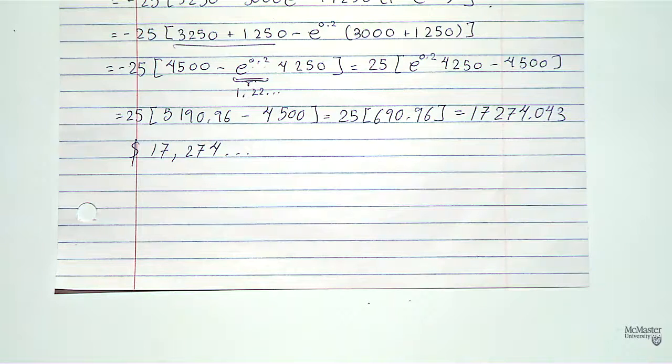The next example shows that sometimes you have to do integration by parts twice in order to do the computation. Let's say you have a polynomial and an exponential and you have the integral of that. For exponentials, the derivative is basically the function itself times a constant.